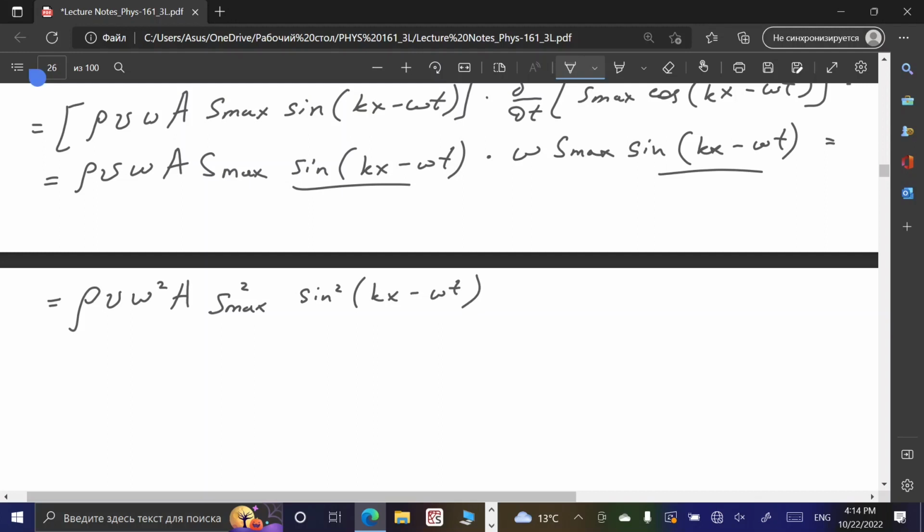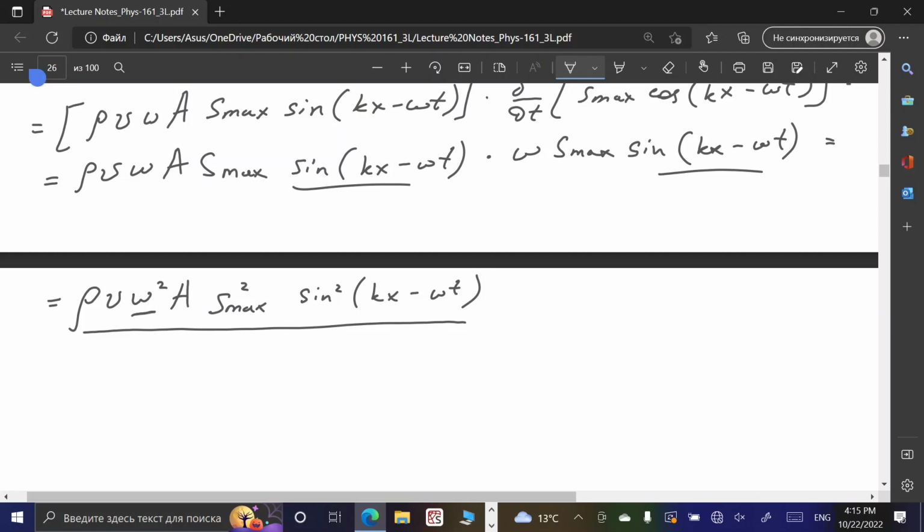So that is our expression for power, which goes through any position x at any moment of time. So we have this function.